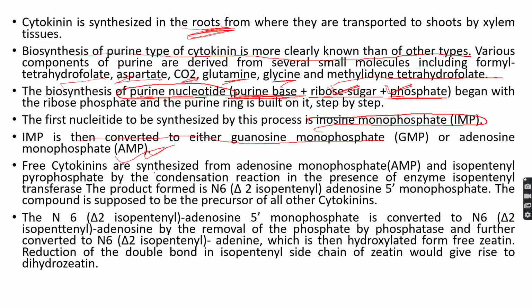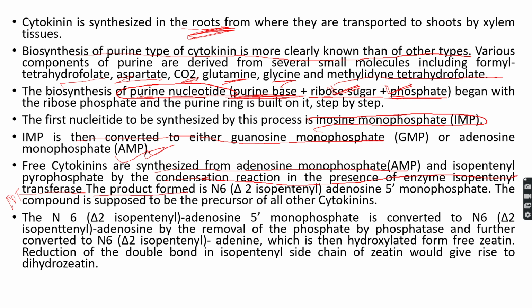Free cytokinins are synthesized from adenosine monophosphate and isopentenyl pyrophosphate by condensation reaction in the presence of enzyme isopentenyl transferase, otherwise called as IPT.